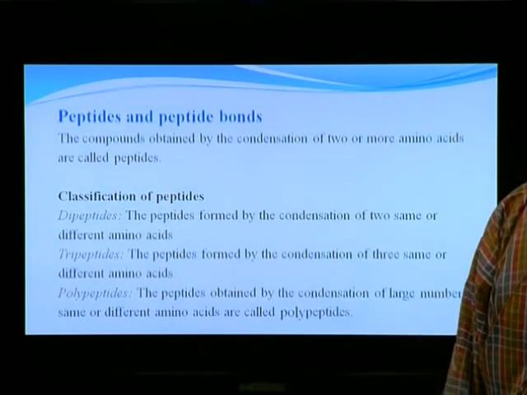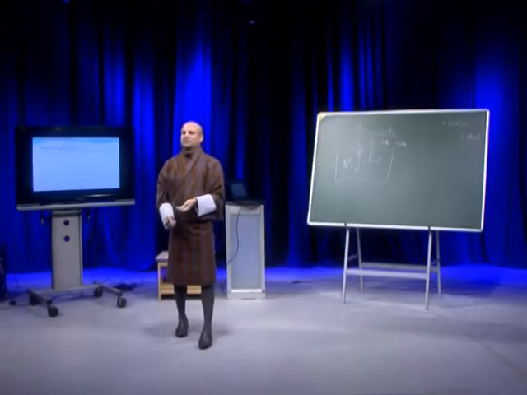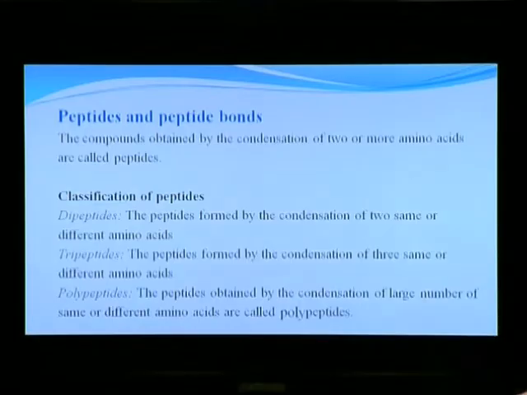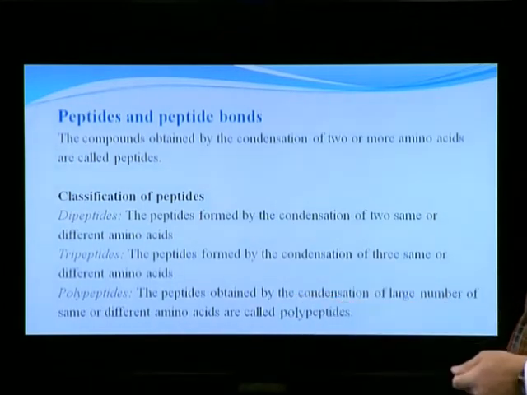And polypeptides, poly stands for many. So when many amino acids are held together by peptide bonds, the compound is known as a polypeptide, and protein is nothing but a polypeptide of alpha amino acids. The peptides obtained by condensation of a large number of same or different amino acids are called polypeptides.